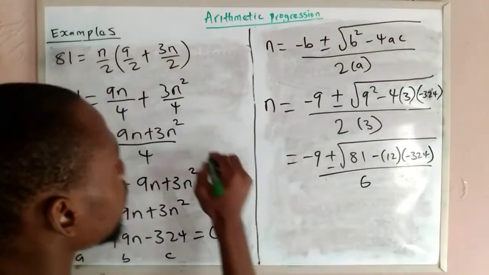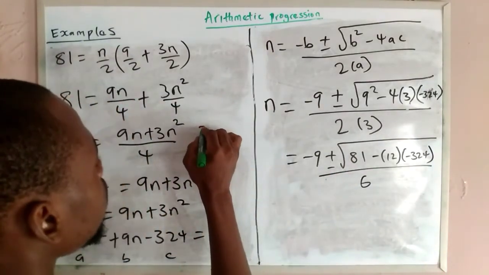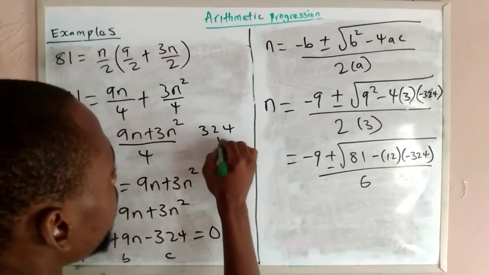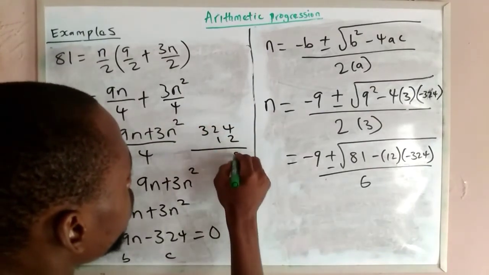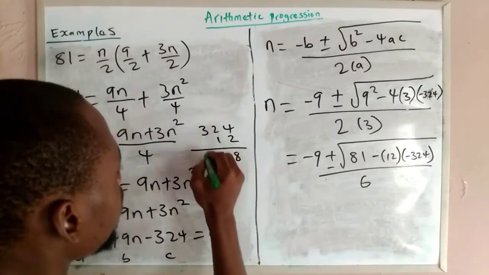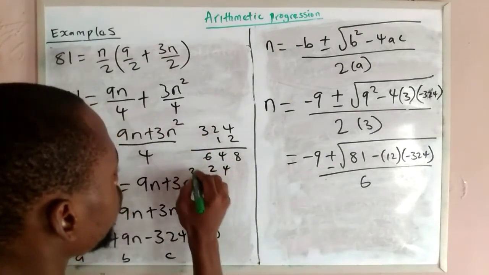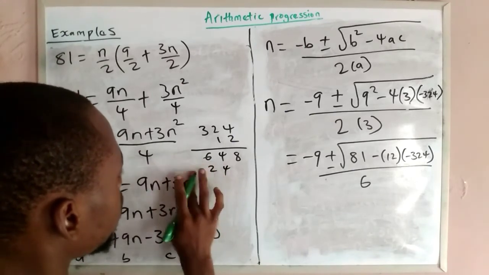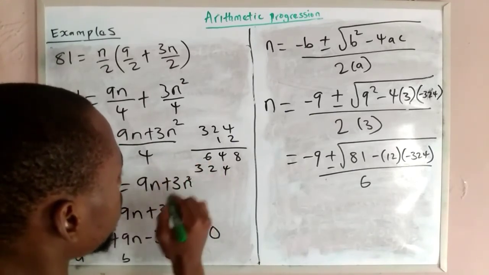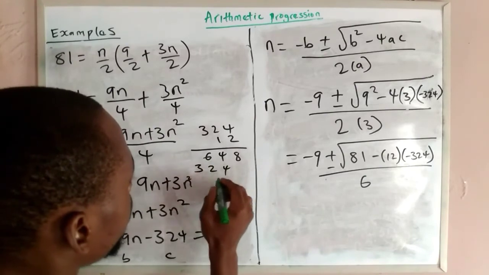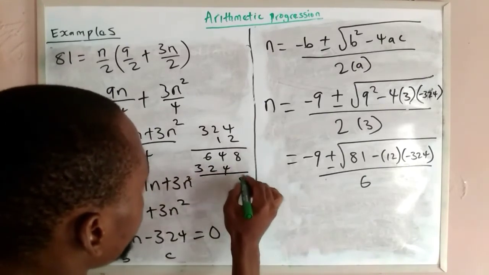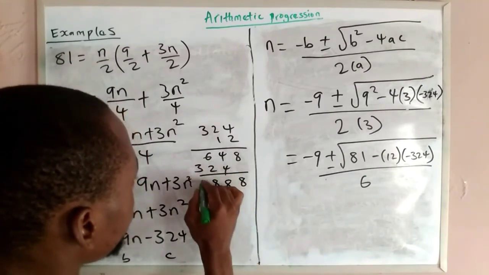Now, 324 multiplied by 12, this will be 3,888.